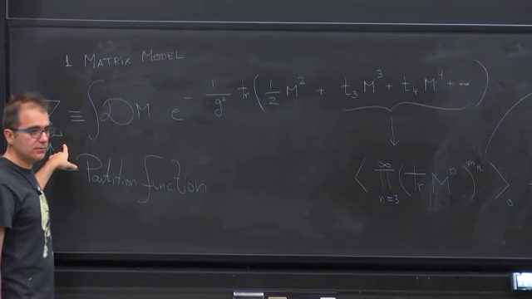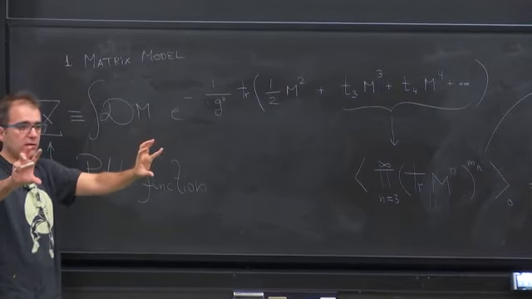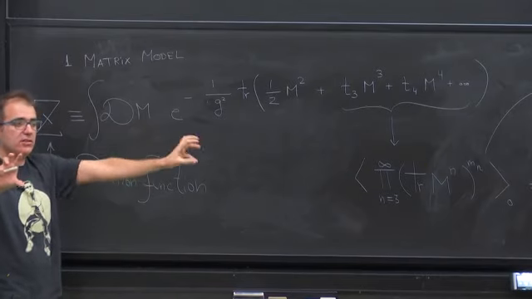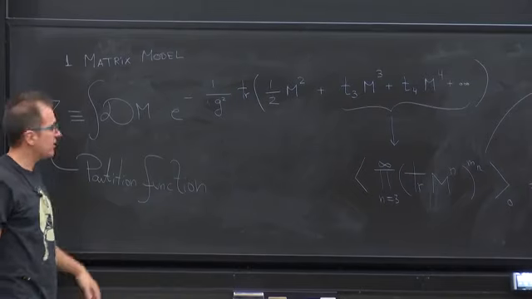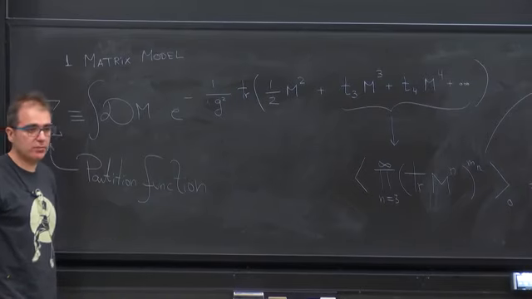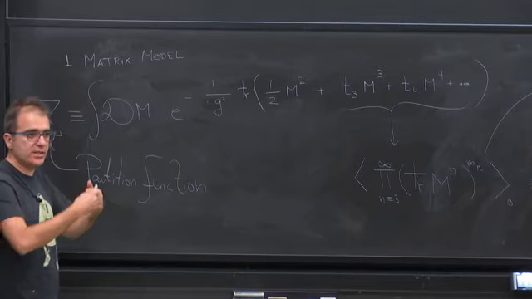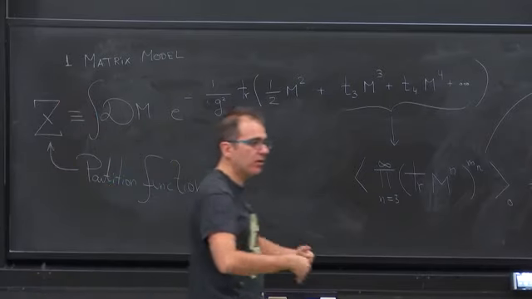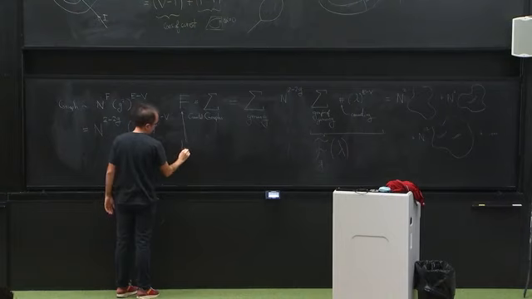Not really, because when I expand, when I bring down, say, trace of m to the 4 twice, I have the disconnected graphs. So it's not z that I should put on the left. What should I put? Log of z. When you have z, a summation over all diagrams, you take the logarithm to compute what's called the free energy, f, where f is log of z.